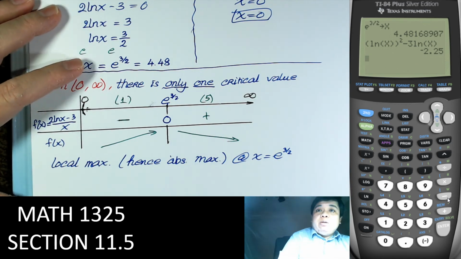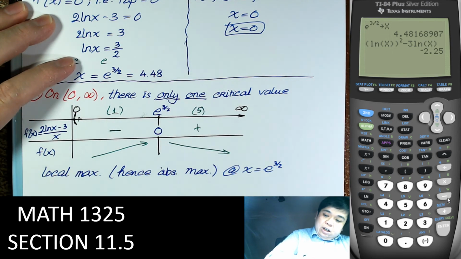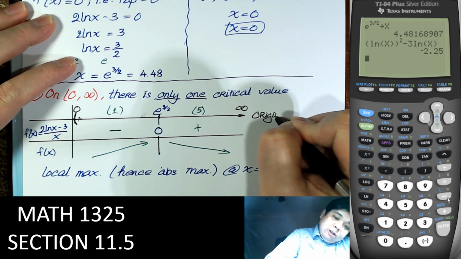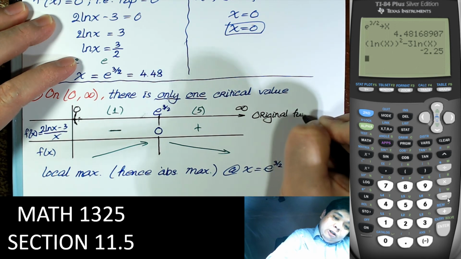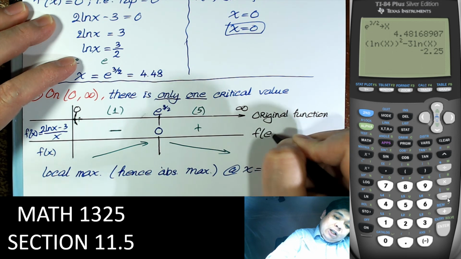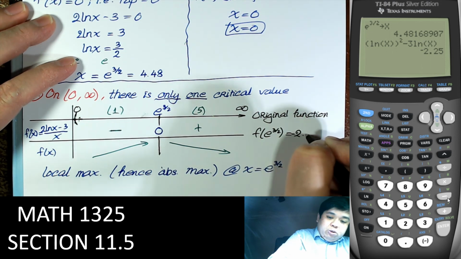That is the value of the function. So I'm just going to say it here, original function f of e to the 3/2 is equal to negative 2.25.